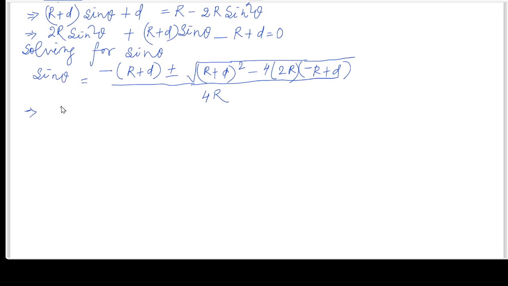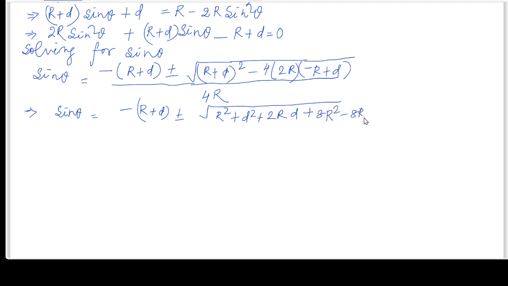Or sine theta equals R plus d plus minus, I am expanding, so this will be R square plus d square plus twice Rd plus 8R square minus 8Rd, whole divided by 4R.